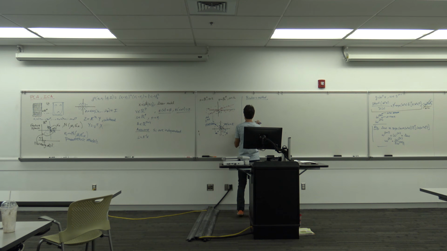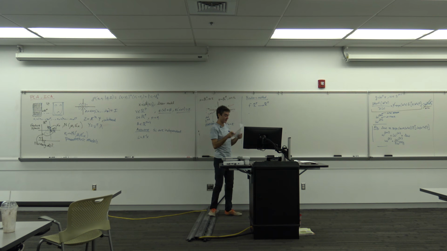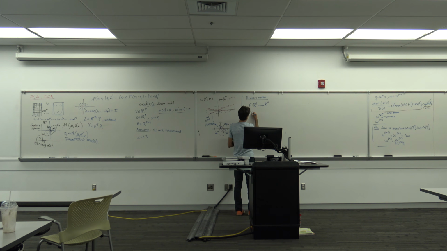So Newton's method. We'll start with a function f from R^p to R^p. So this is my function. This is a function of functions, obviously, of p functions, so f1 through fp.